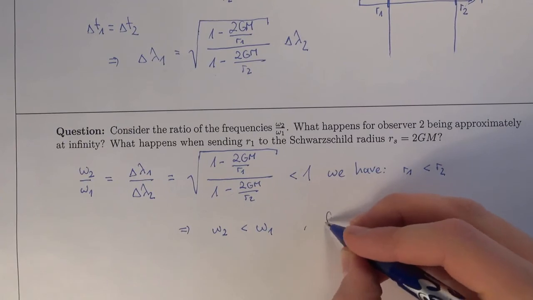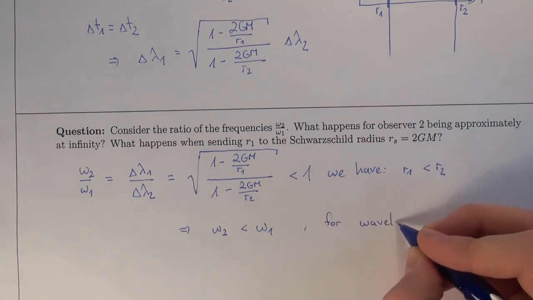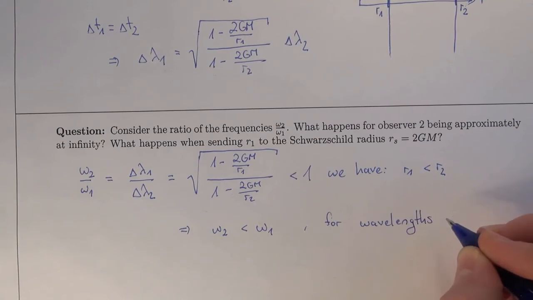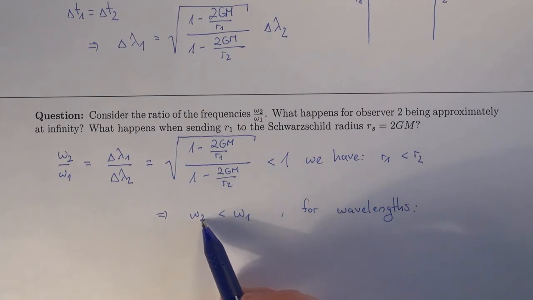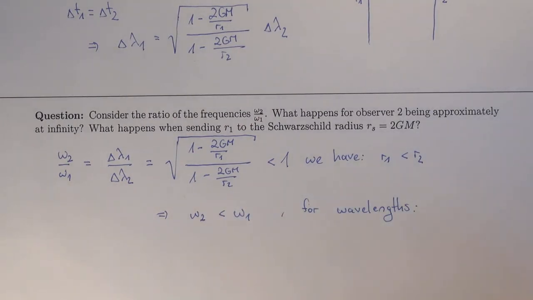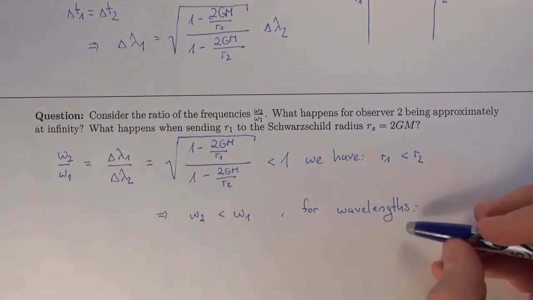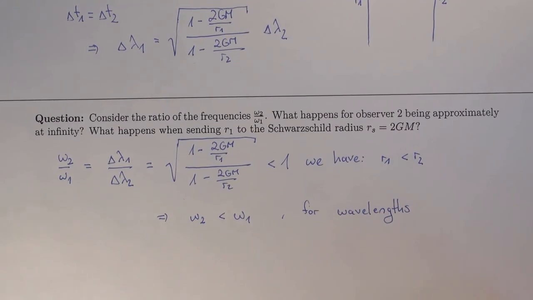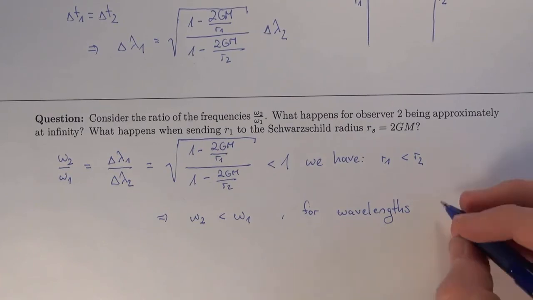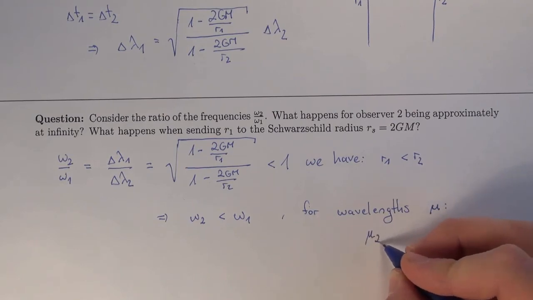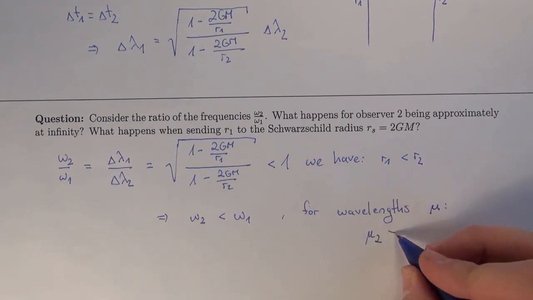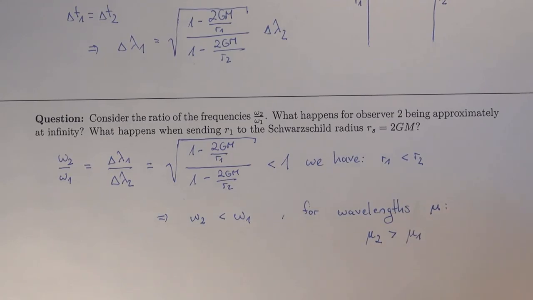For the wavelength, which I call not lambda, since lambda is already given, but mu, the wavelength observed by observer 2, mu2, is larger than mu1.